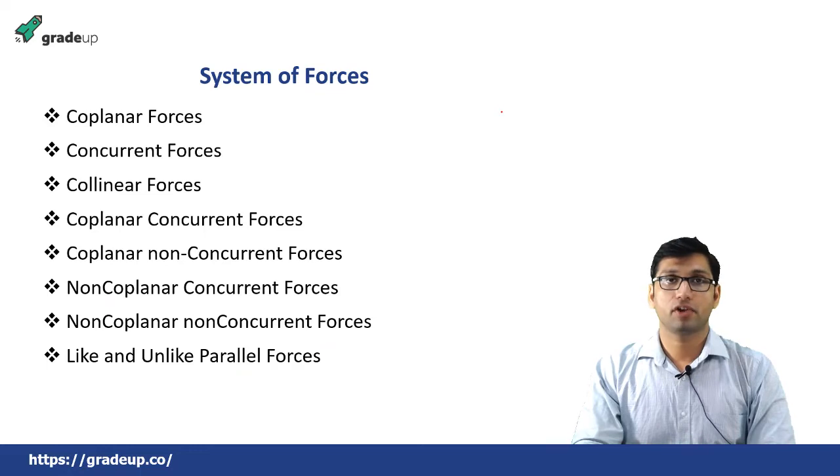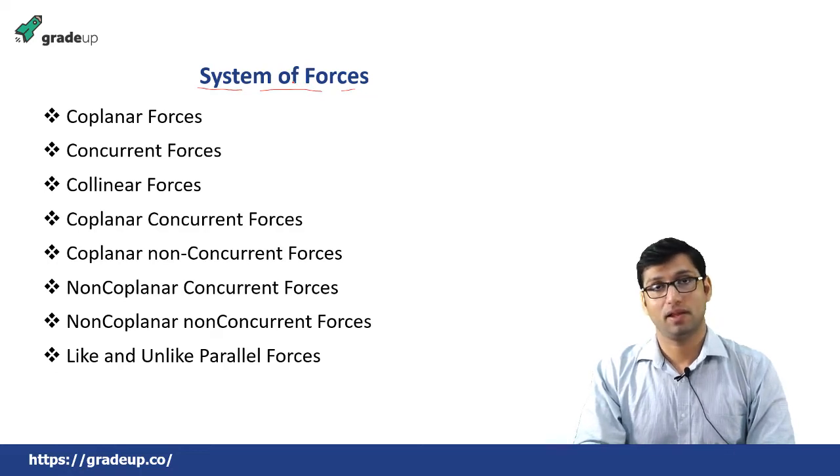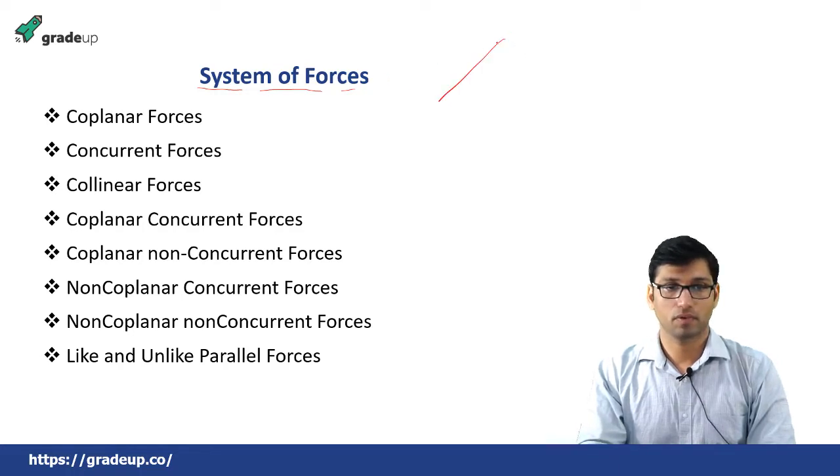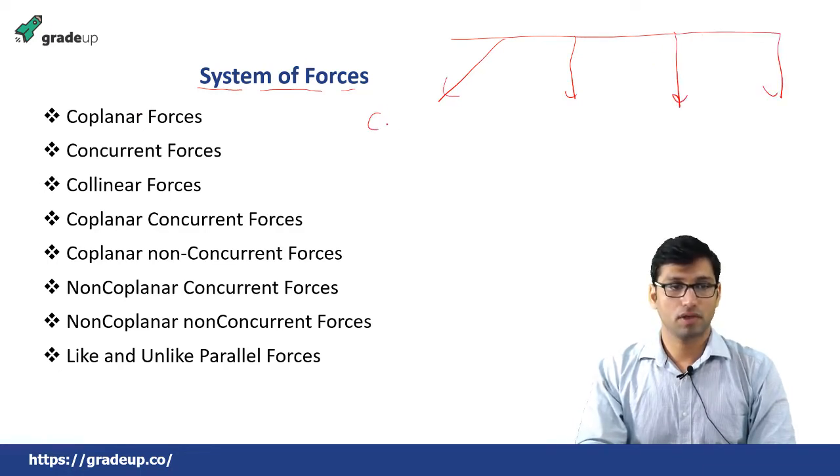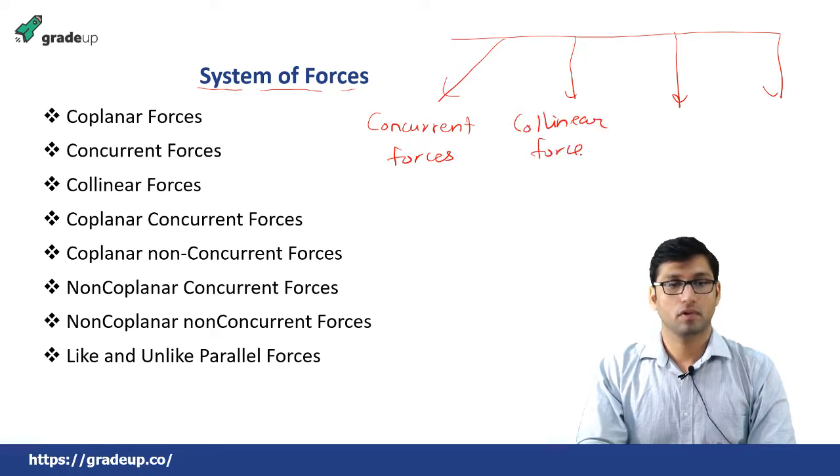Now if we talk about a system of forces, the system of forces is nothing but how the forces are acting on a body. That is called a system of forces. These are basically classified into four main categories. First is concurrent forces, then collinear, coplanar and parallel forces.